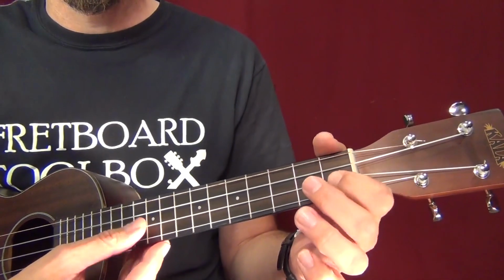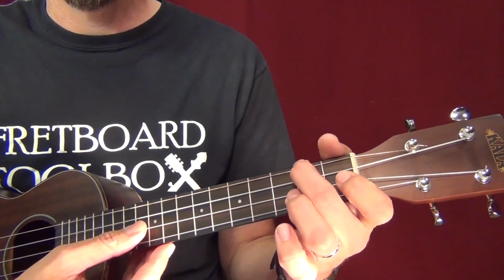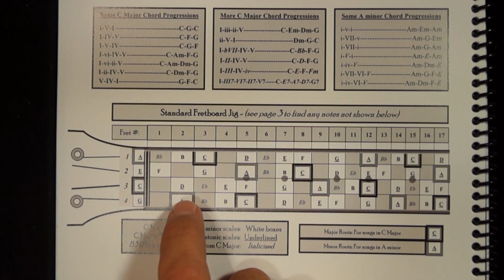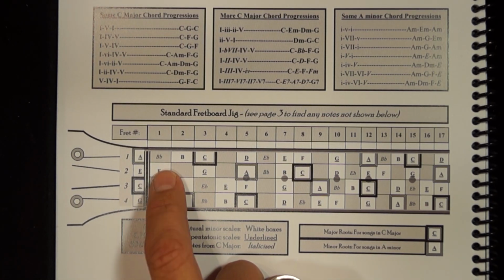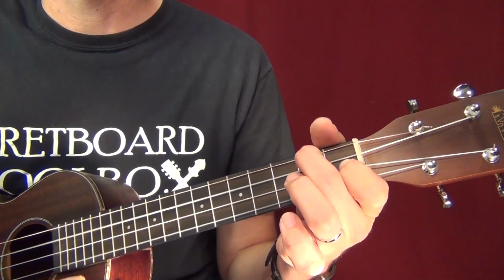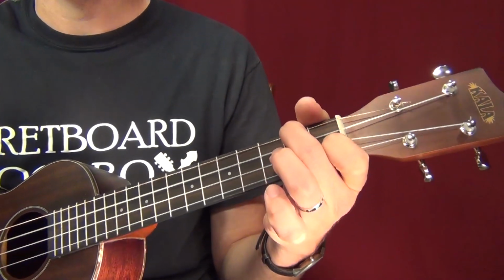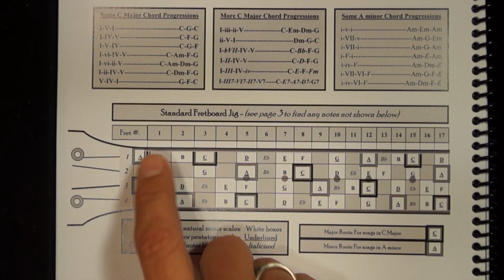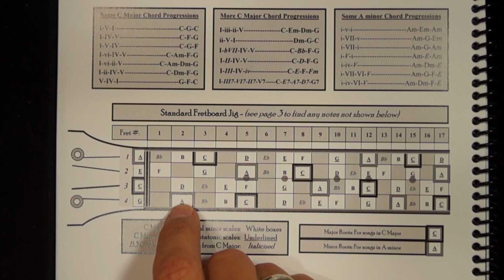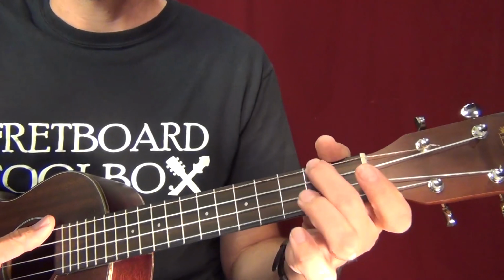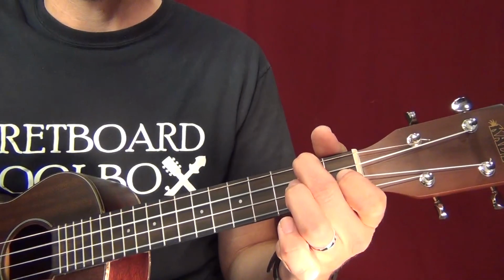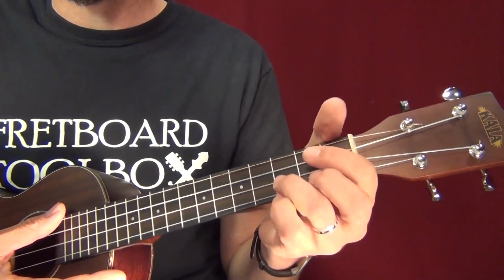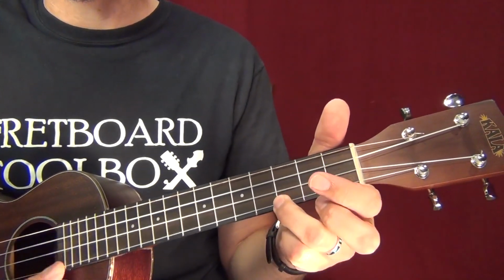An F major was just that same A note with an F note, because F majors are made of the notes F, A, and C. So you've got A, C, F, A. So A minor was just this note, F major was A and F with these guys open, and then D minor is A, D, F. So we have A minor, F major, D minor, and G major, C major.